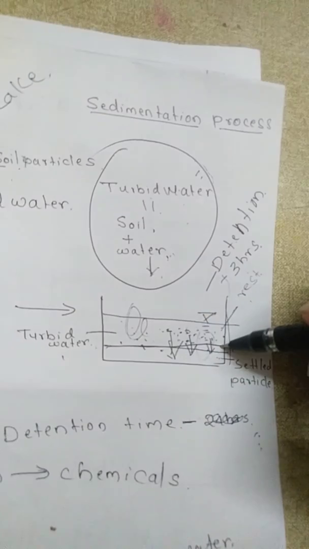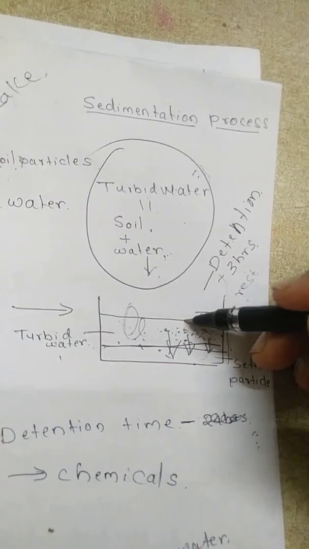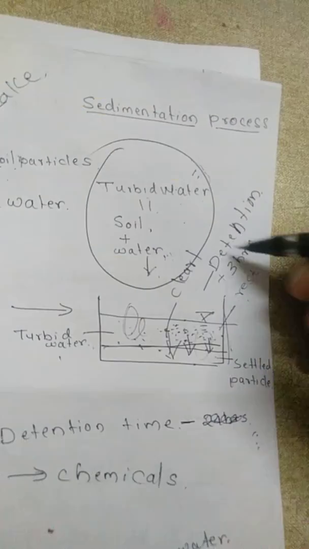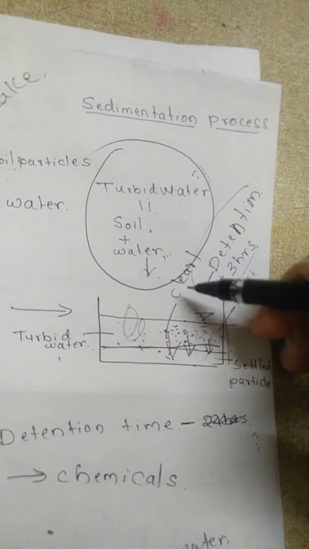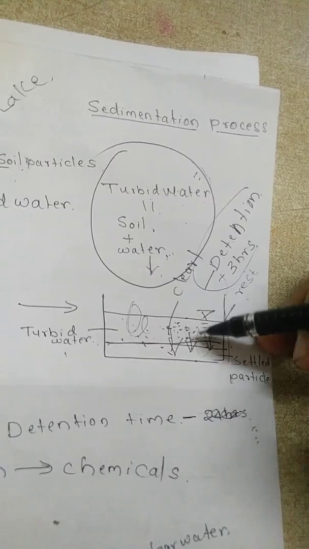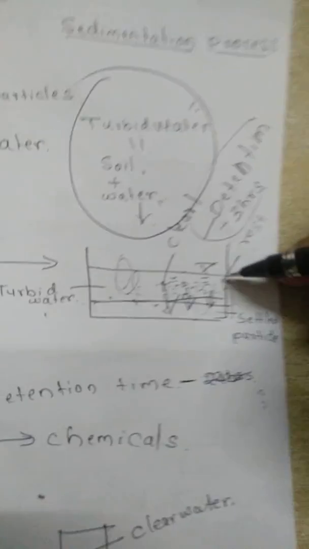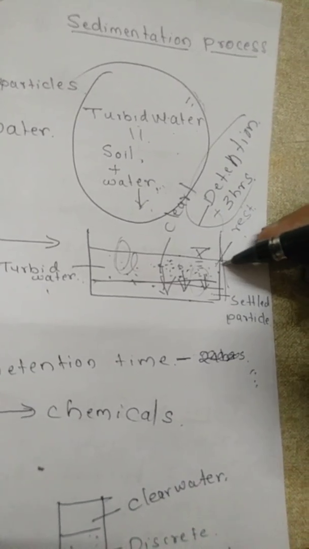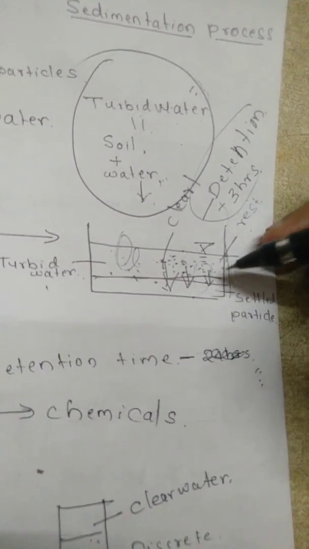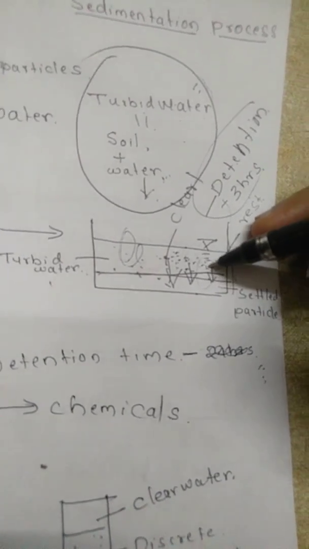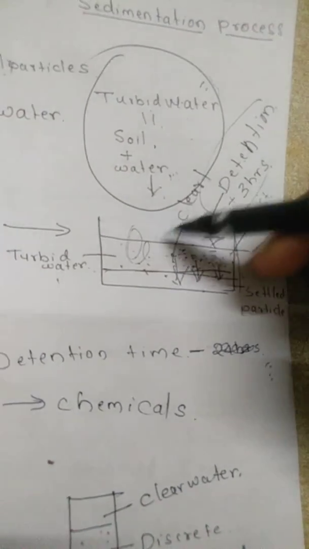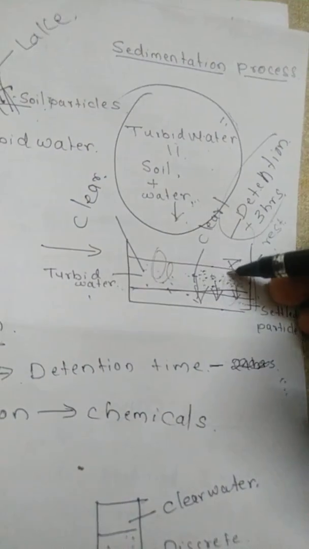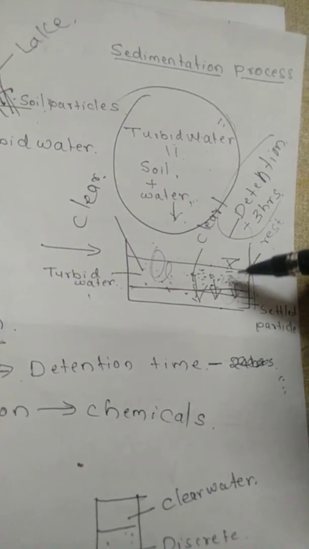After settling, what remains is clear water after a certain amount of detention time. So the sedimentation process is the process of holding the water in a tank for a certain duration, after which the particles settle by their own weight and clear water is obtained at the supernatant layer.